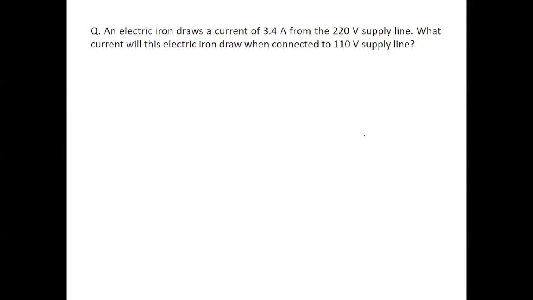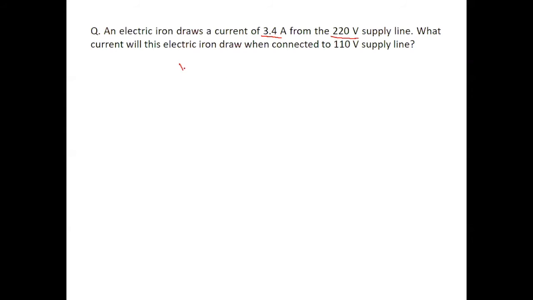So from the first case, we know 3.4 ampere and 220 volt. What is missing? The resistance is missing. Calculate the resistance of the electric iron. Then we'll use it in the second case, where the voltage is 110 volt, and solve the problem.